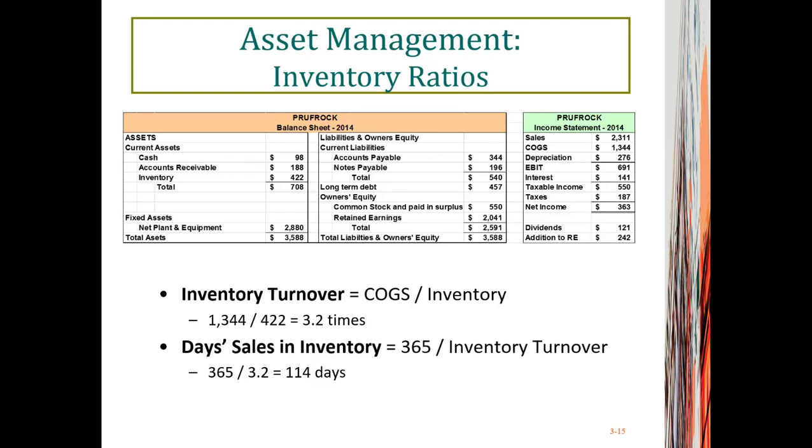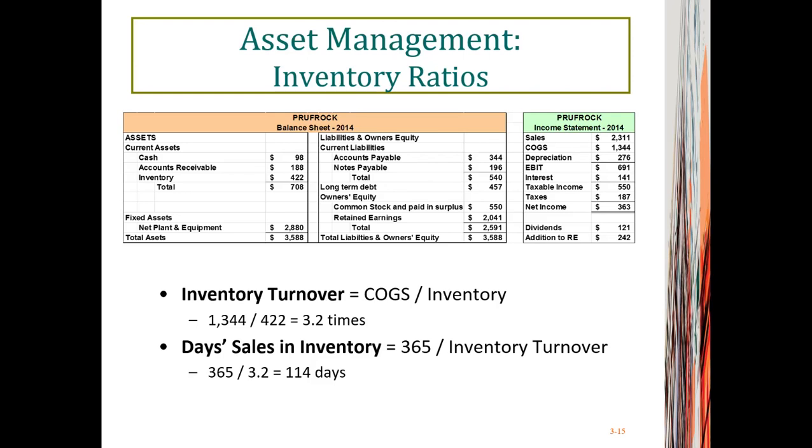And from the balance sheet, you see, okay, a typical company will have several different types of assets. For example, cash, account receivable, inventory. Those are short-term assets, and also the company has long-term assets. And here, we should look at how efficient the company is utilizing those assets in generating sales.